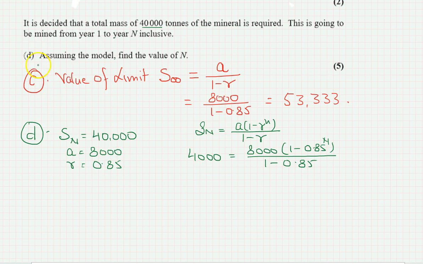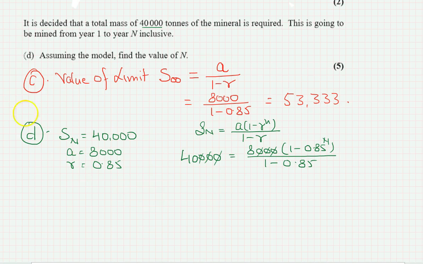We can cancel this. This is not 4,000, this one is 40,000, so 40 is remaining here.